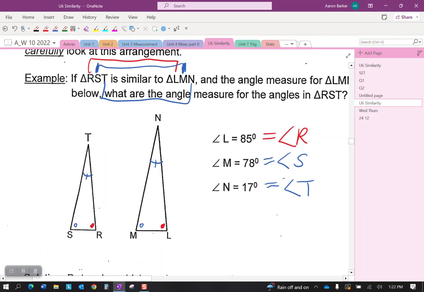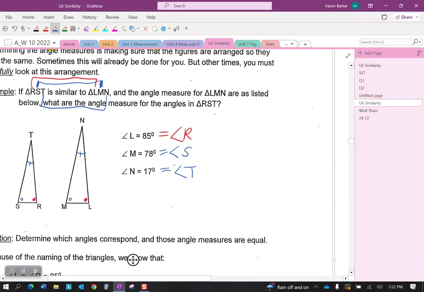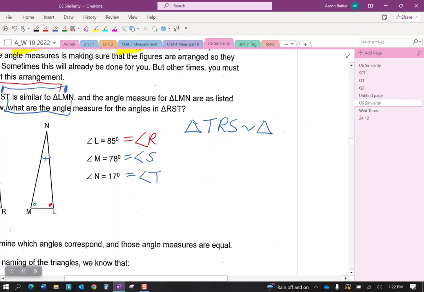Now, if I change the name, say I change it to triangle TRS is similar to triangle, what would have to be the name of the other triangle? T's first, so what angle is equal to angle T?